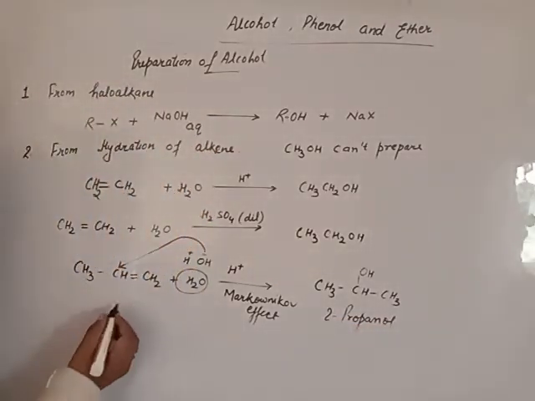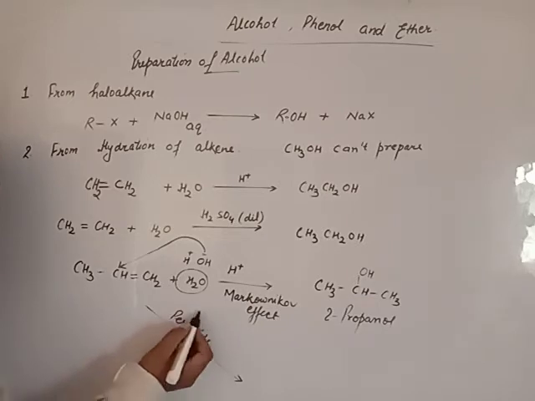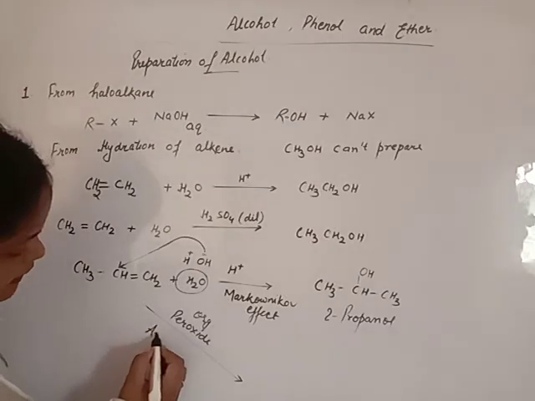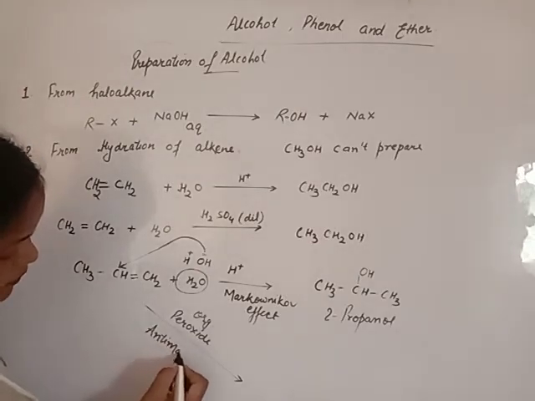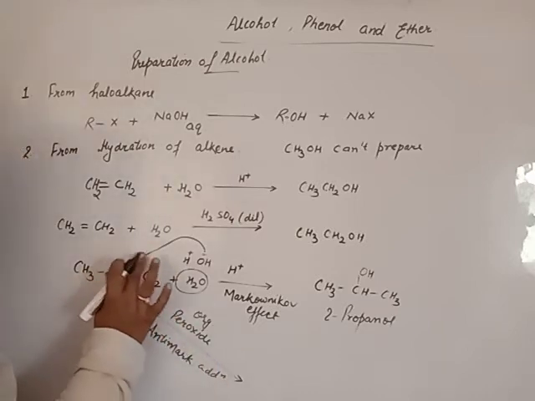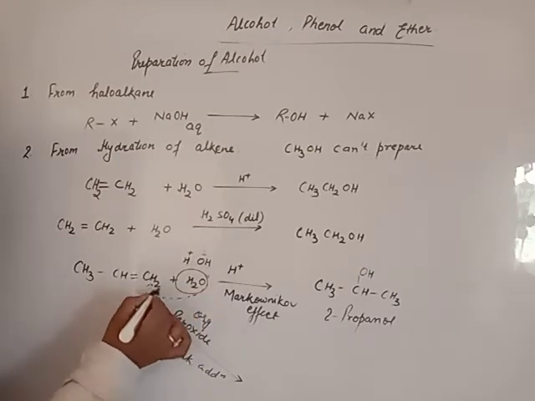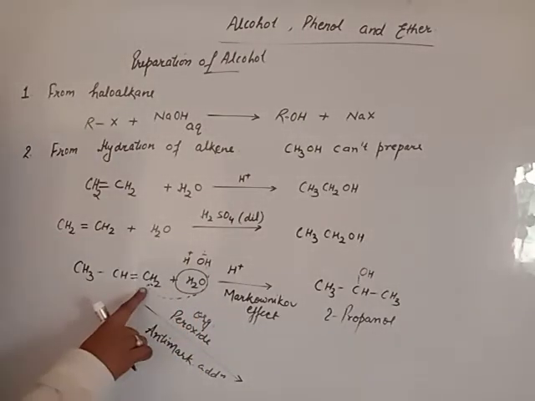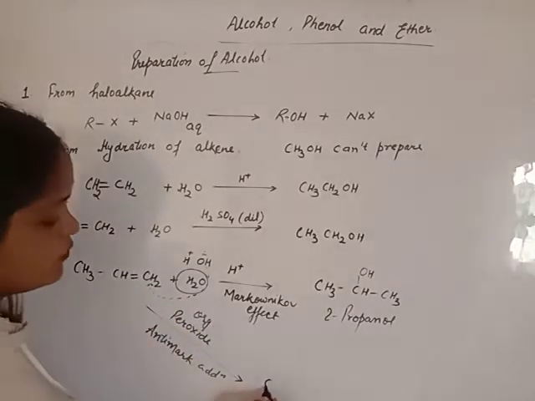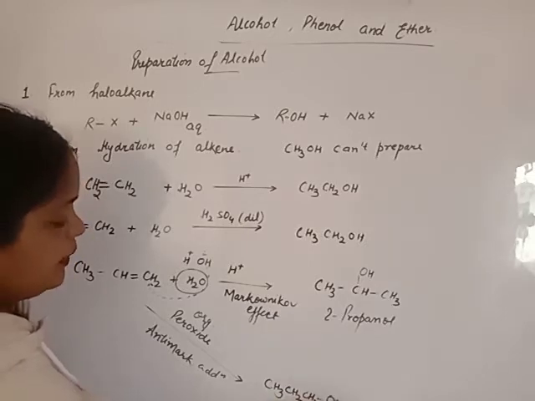But if the same reaction is performed under the effect of organic peroxide, then what happens? Beta, it will follow anti-Markovnikov addition. It means the negative part of the attacking reagent goes to that carbon of the double bond which has more number of hydrogen atoms. More hydrogen atoms are on this one, so we will get 1-propanol or propan-1-ol.